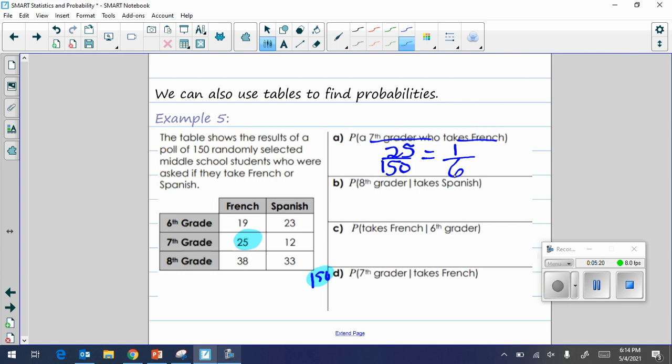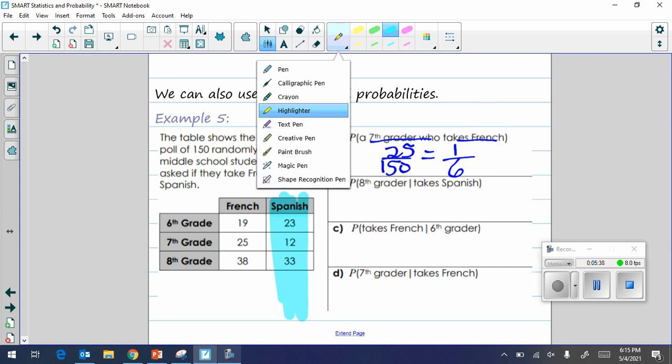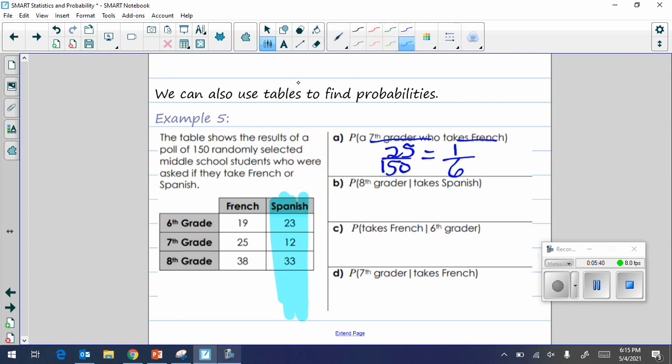Now, notice part B, the notation. Probability that they are an eighth grader, given that they take Spanish. So given that they take Spanish, I am only looking at these guys here. So I am completely and totally ignoring these guys here.